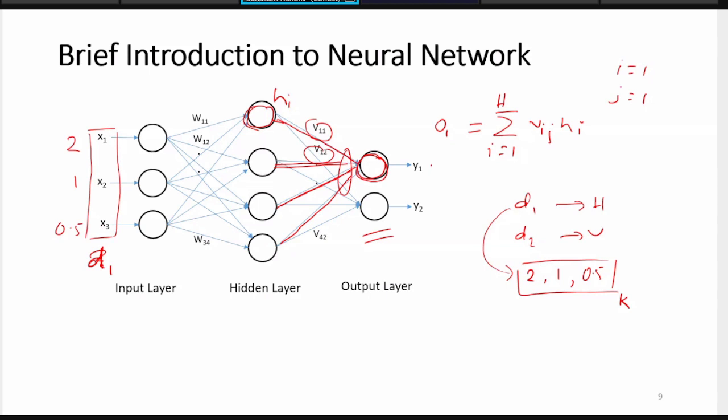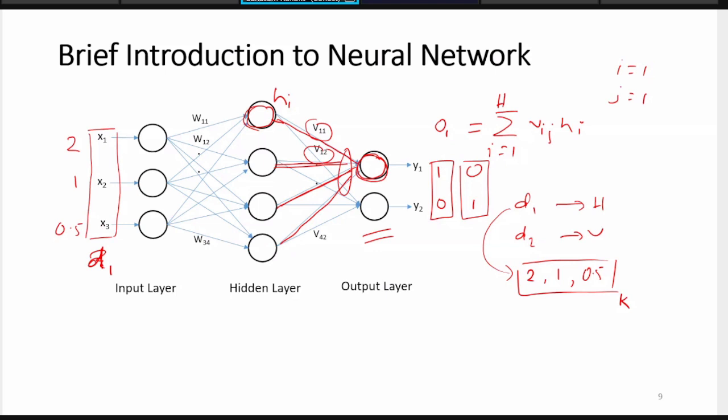Likewise, how many output nodes you need in the output layer depends on the problem. If I assume that getting 1, 0 means human, and 0, 1 means vehicle, then I need two nodes in my output layer. So the output from the output layer is also a vector.